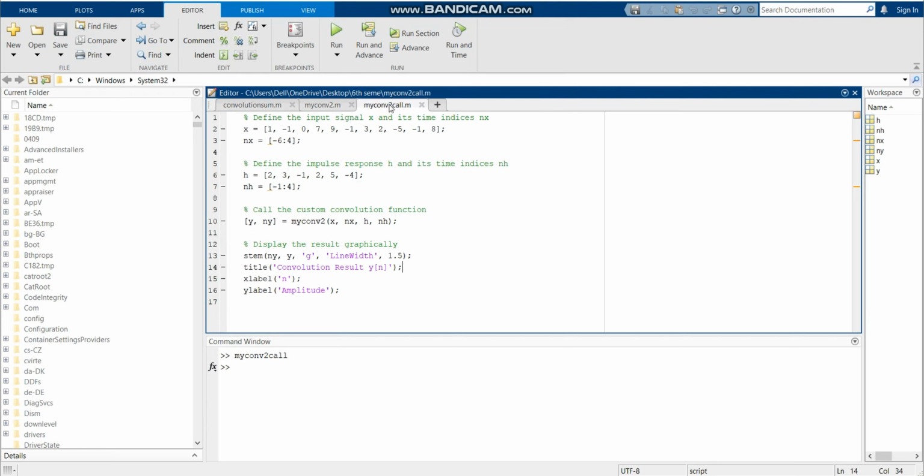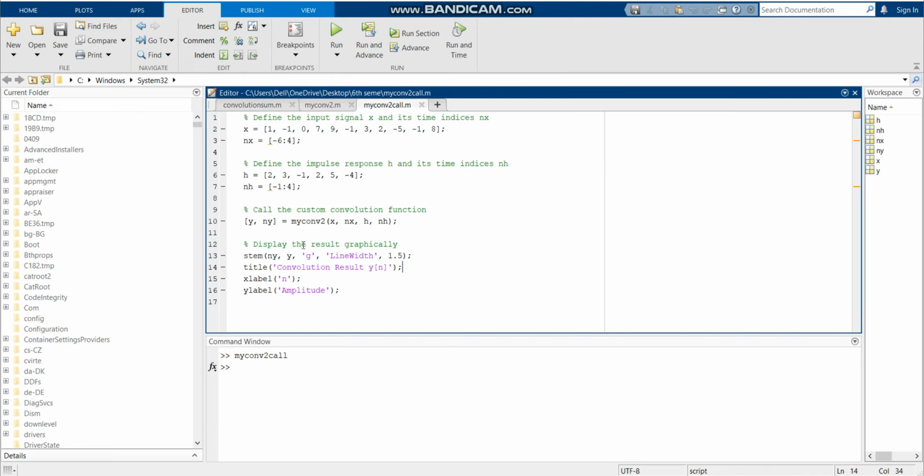In the calling section, x and h are defined sequences while n of x and n of h are their respective time indices. myconv2 is called with x, nx, h, and nh producing the convolution result y and its corresponding time indices n of y.